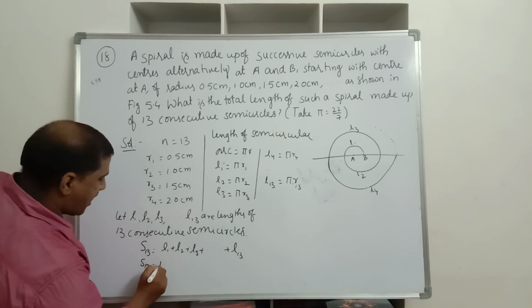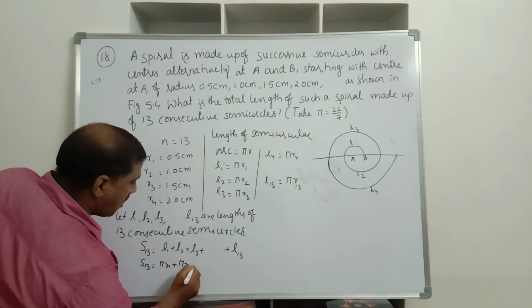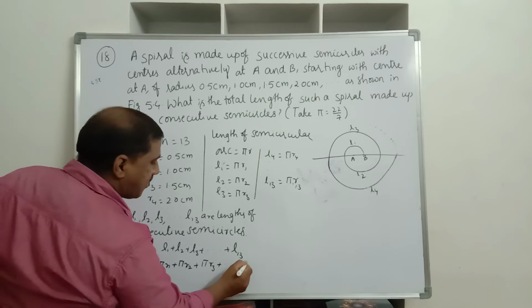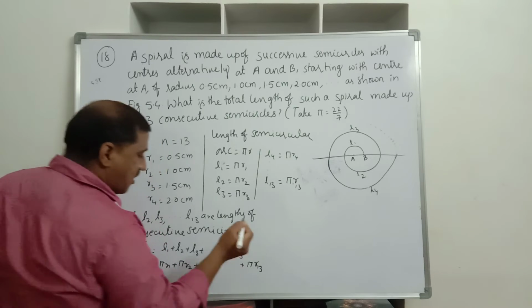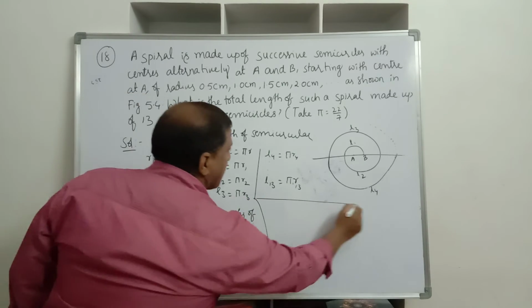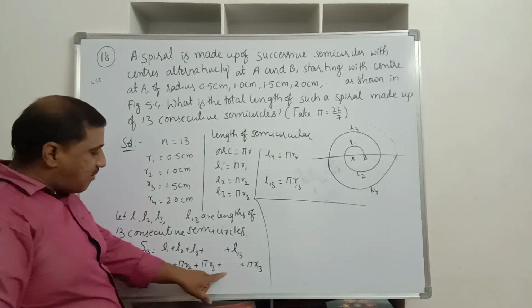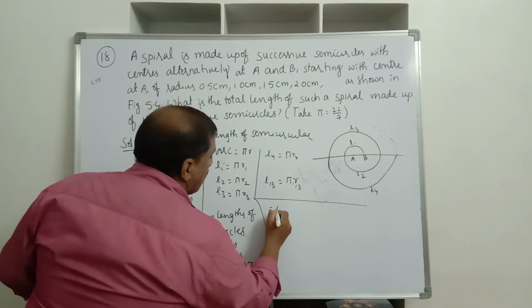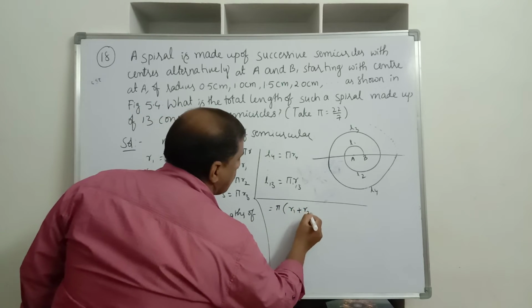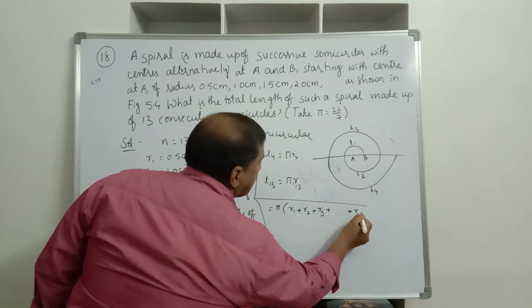Now substitute here: S13 is equal to L1, which is pi r1, plus pi r2 plus pi r3 and so on plus pi r13. Now if you take pi common, pi is common among all the terms, so that is equal to pi into R1 plus R2 plus R3 and so on plus R13.